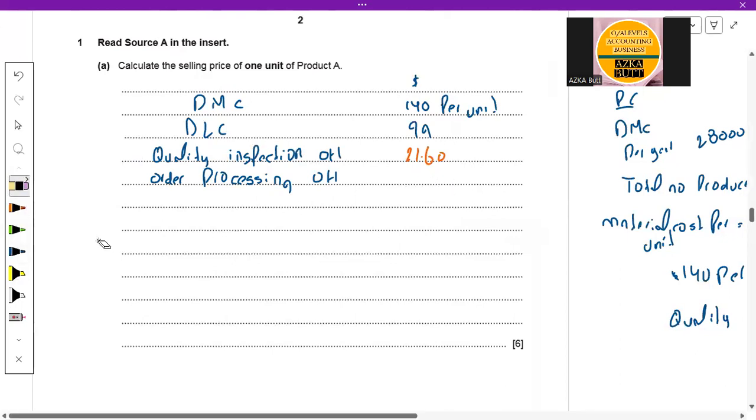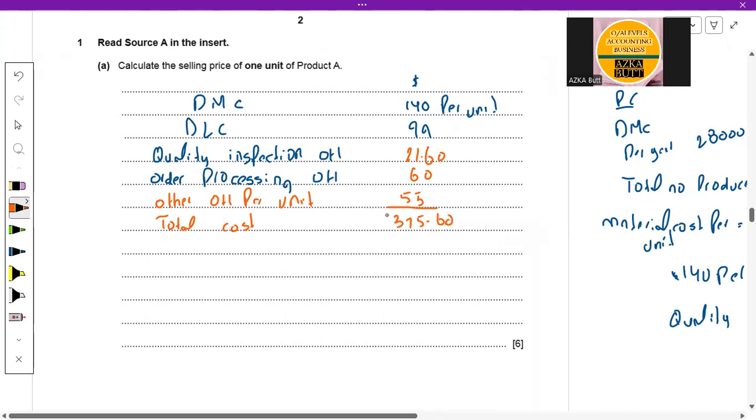I've written the total, $60, and other overheads per unit. Other overheads per unit is equal to $55. So it means that total cost would be 375.60.